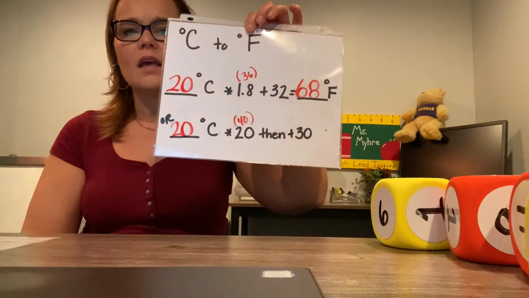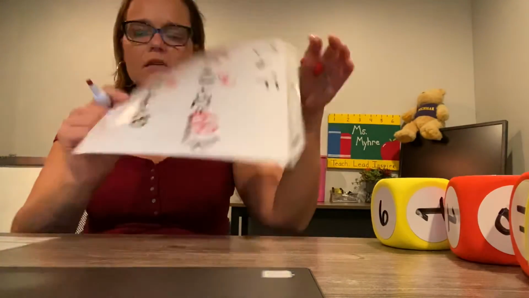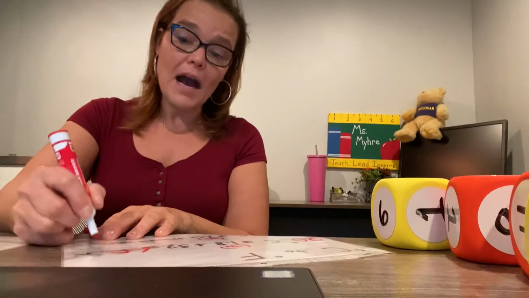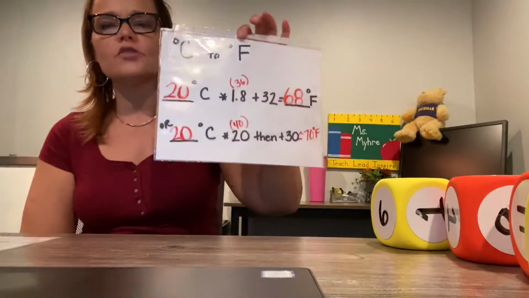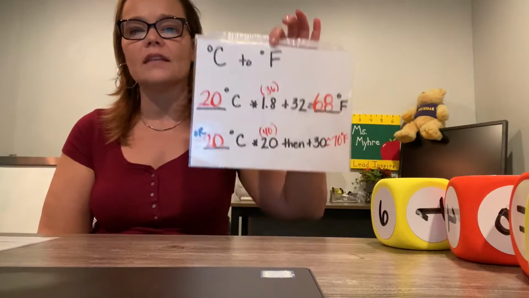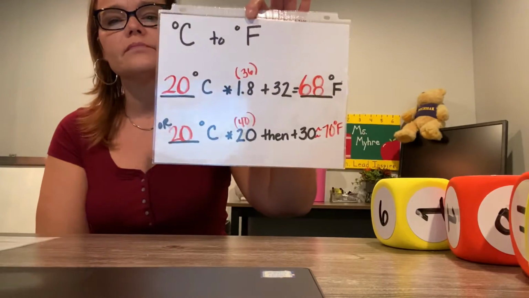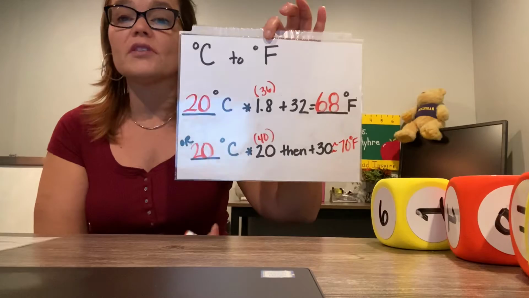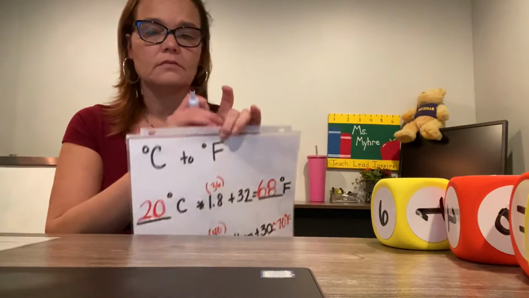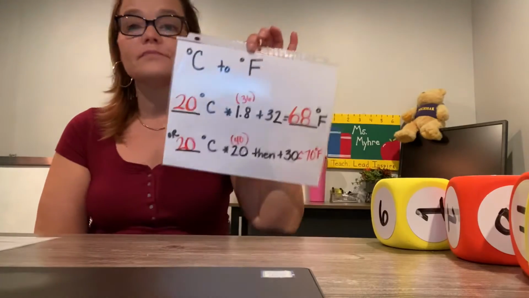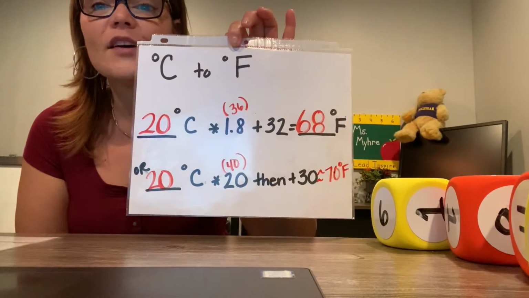And then we're going to add 30. And you come up with about a 70-degree temperature. So if you want to quickly do that in your head and not have to do the multiplying, this is a really quick and simple way. So that's how you change degrees Celsius to degrees Fahrenheit. Sheet protector, dry erase marker, the formula, of course, and a couple of foam dice from the dollar store.